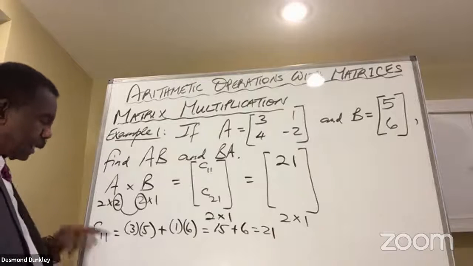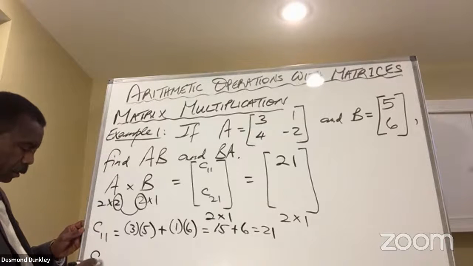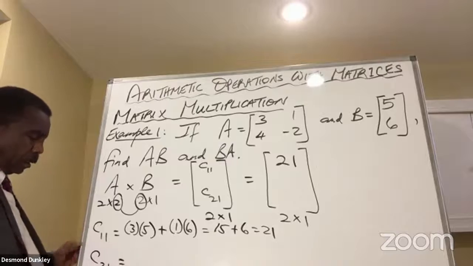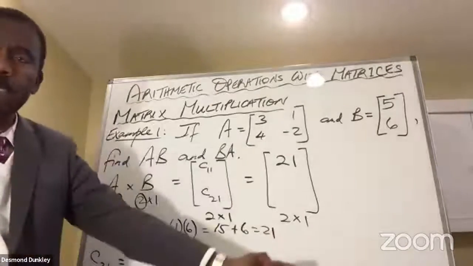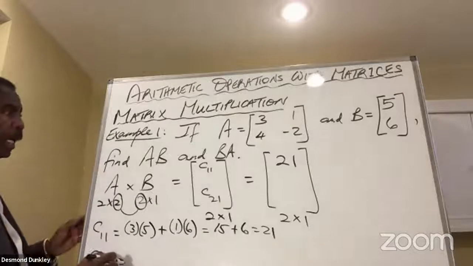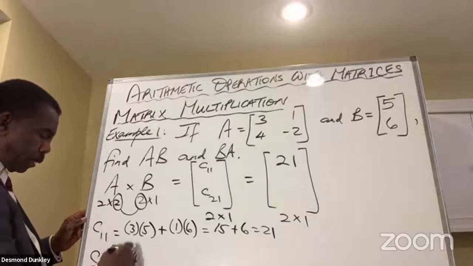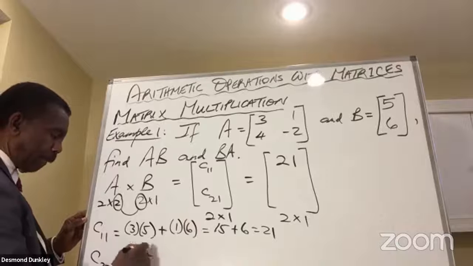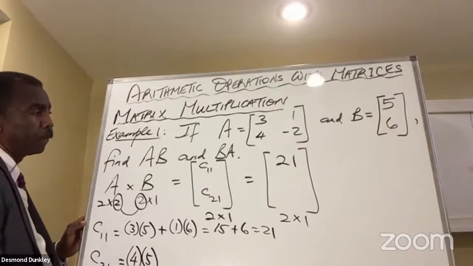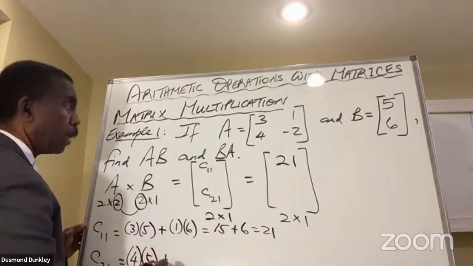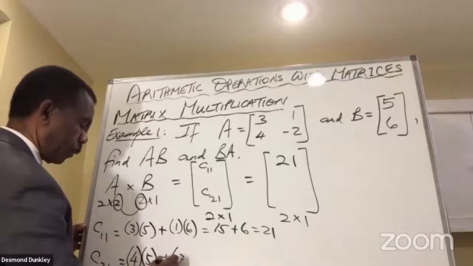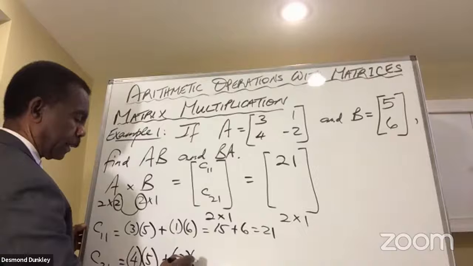Okay, let's go to the second entry. Here, it's the second row, again times B, which is the first column. So now we end up with 4 times 5 plus negative 2 times 6.